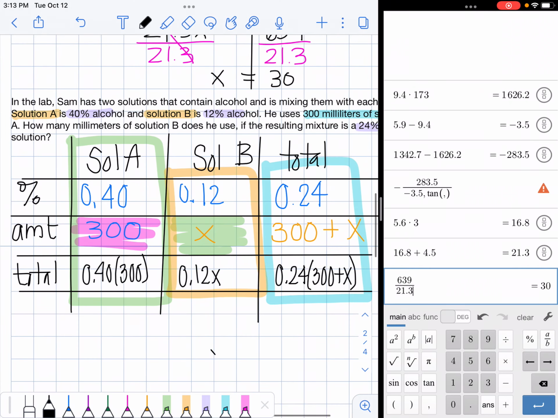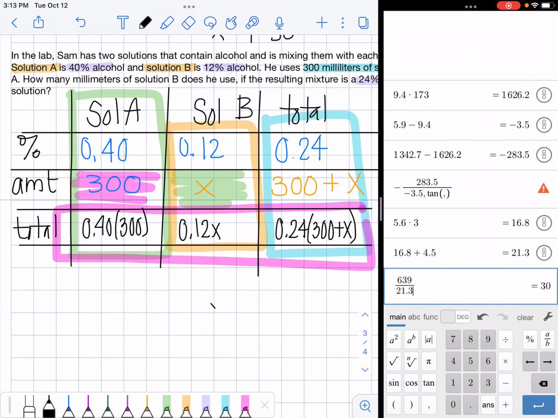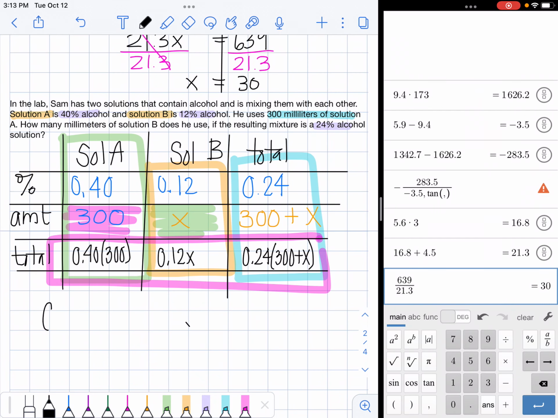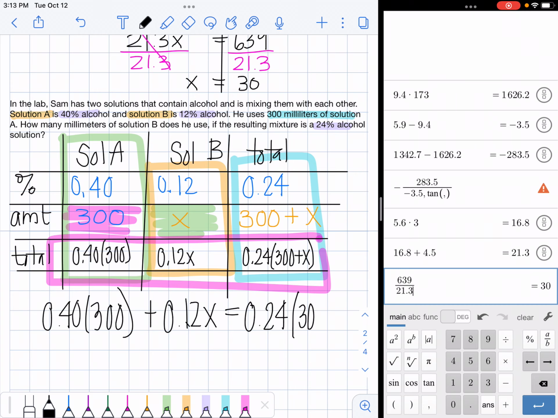Now, we already talked about how solution A plus solution B is going to equal my mixture. So I have to add together the bottoms just like I did before. I'm going to use this whole pink bottom line and add these together: 0.40 times 300 plus 0.12 times x equals 0.24 times 300 plus x.